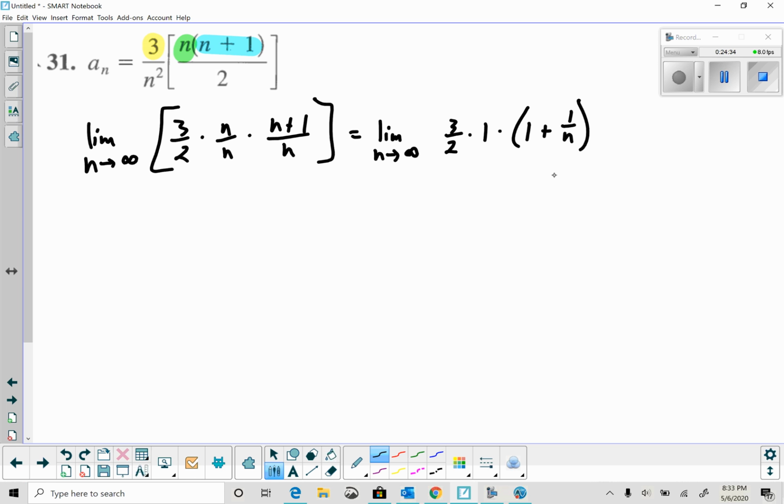Again, pause, rewind, think about it, you'll get there. So then this is the limit as n approaches infinity of 3/2 multiplied by the limit as n approaches infinity of 1 multiplied by the limit as n approaches infinity of 1 plus 1 over n.